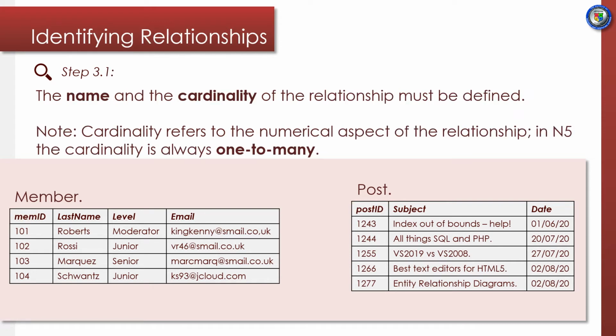Let's now look at identifying the relationship. The name and the cardinality of the relationship must be defined at this phase. When we refer to cardinality, we talk about the numerical aspect of the relationship. In National 5, cardinality is always one to many.